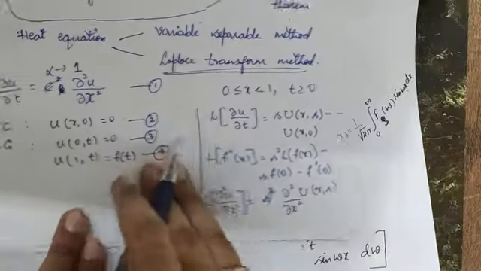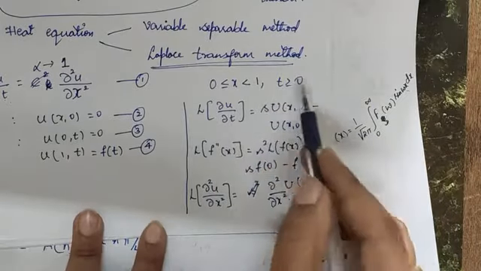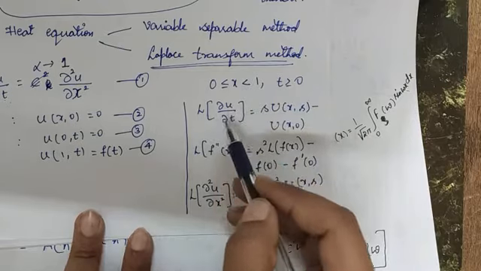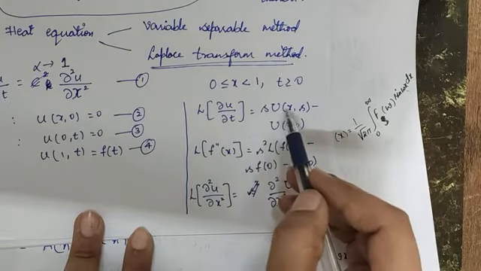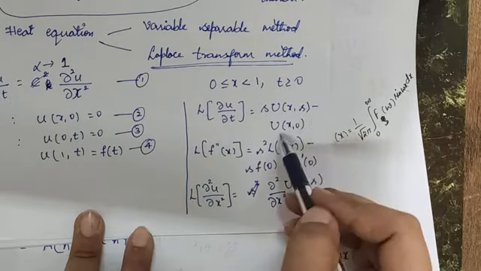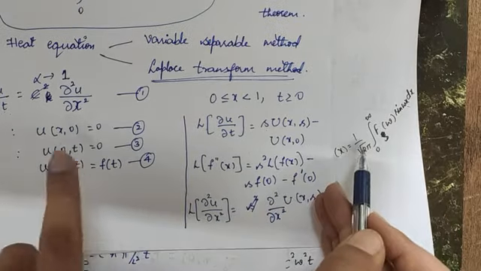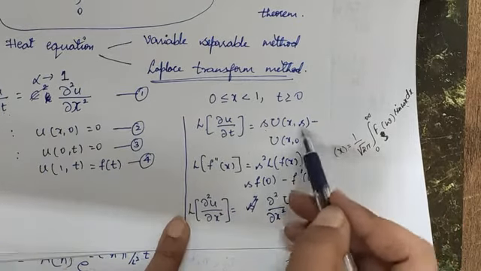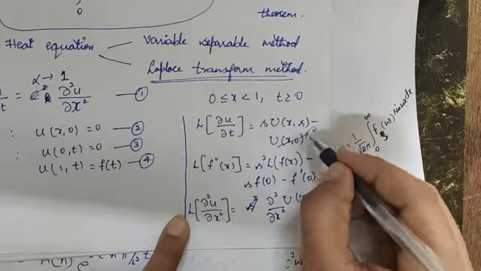Here you can observe I have written the formula. Laplace transform of dou u by dou t is s into u of x comma s minus u of x comma 0. From my initial condition, this u of x comma 0 is 0.